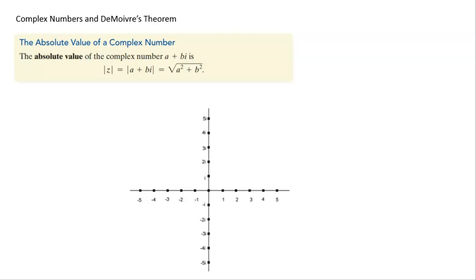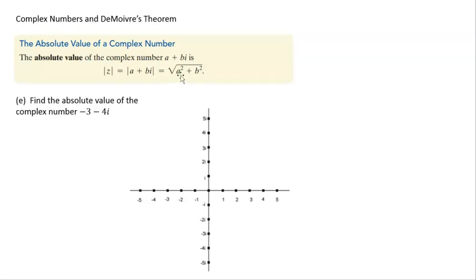When you see z, that typically represents a random complex number or a particular complex number. And it's of the form a plus bi. And to find its absolute value, you can use the Pythagorean theorem just like we did, or you can take the square root of a squared plus b squared.